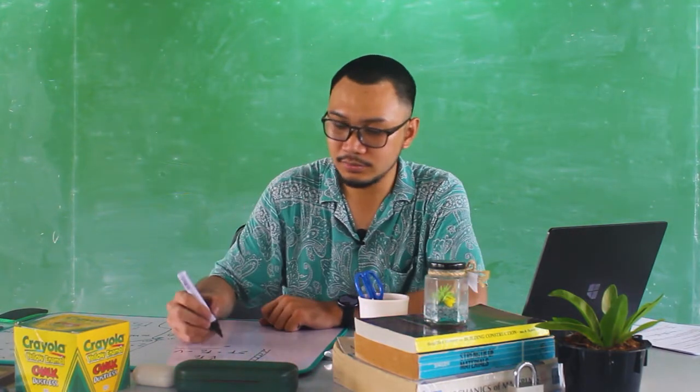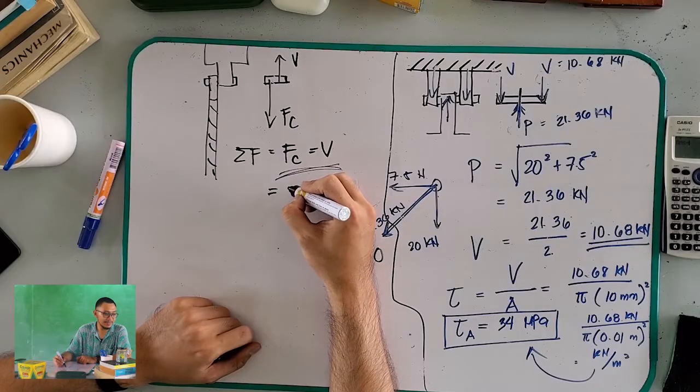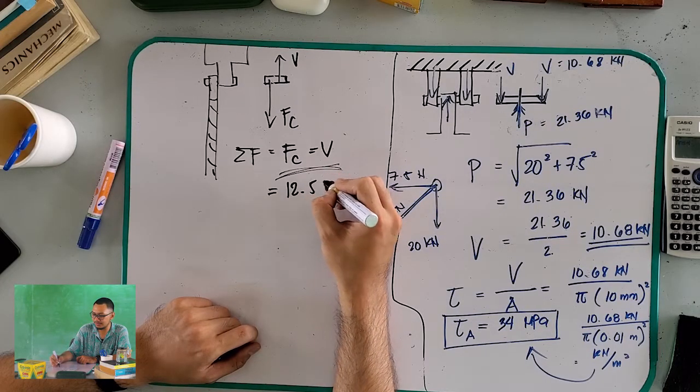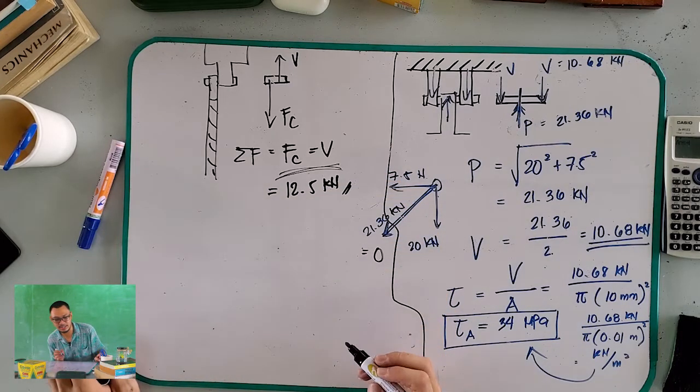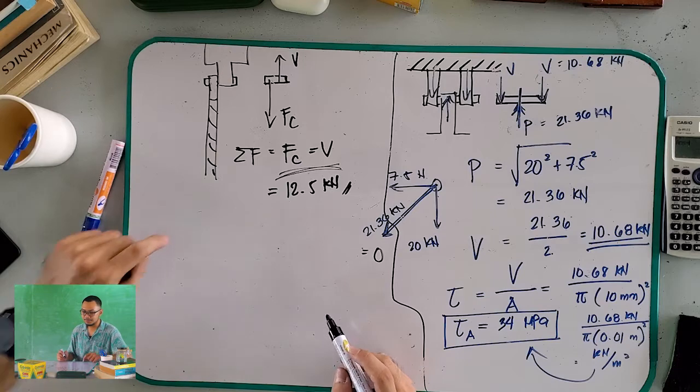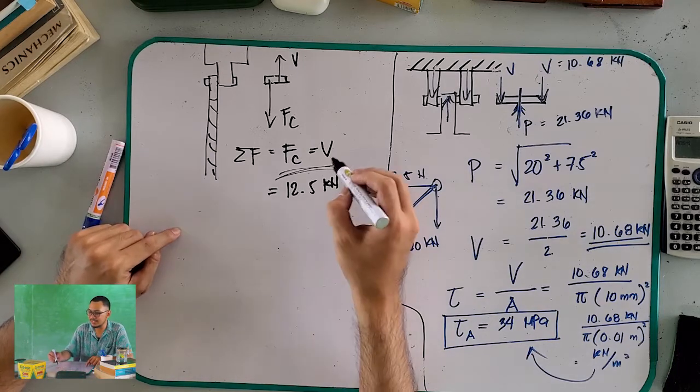Now, so, the value of your FC is again 12.5 kilonewtons. I erased what I wrote earlier. So, therefore, your value of V as well is 12.5.